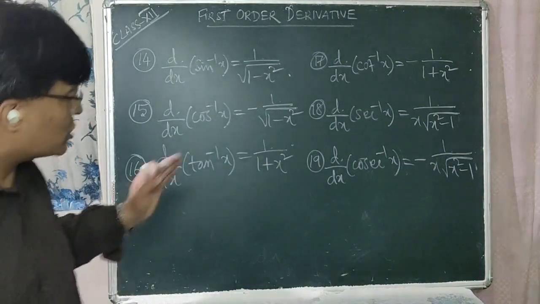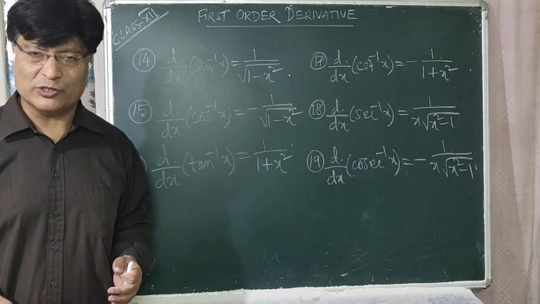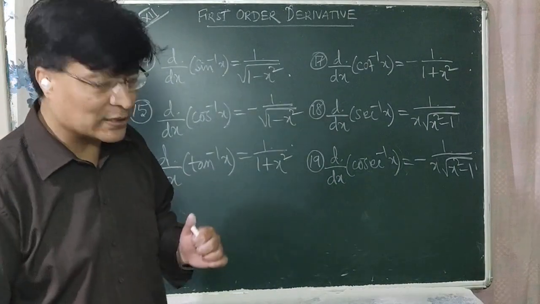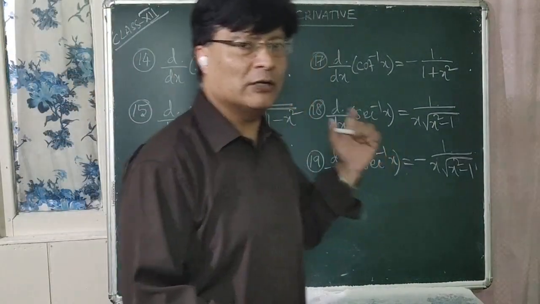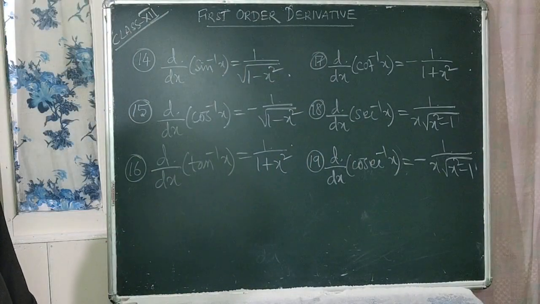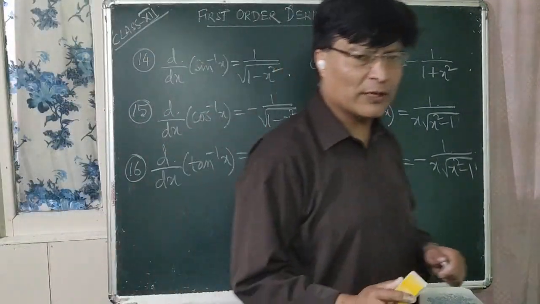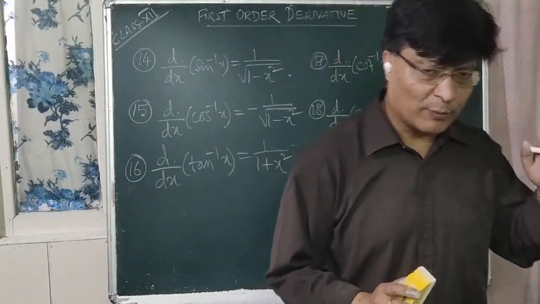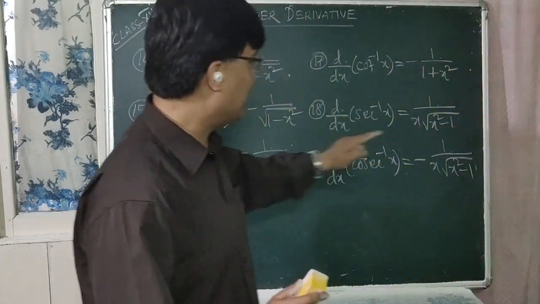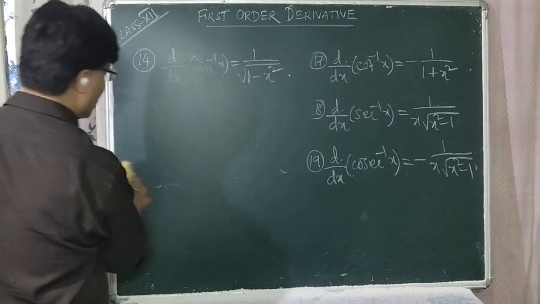So now I just told you about differentiation of the function, isn't it? So that method is used in order to prove this differentiation of inverse circular function. Is that clear? So now you should know all the formulas from formula number 1 till formula number 19 now, right? So let us prove formula number 14.